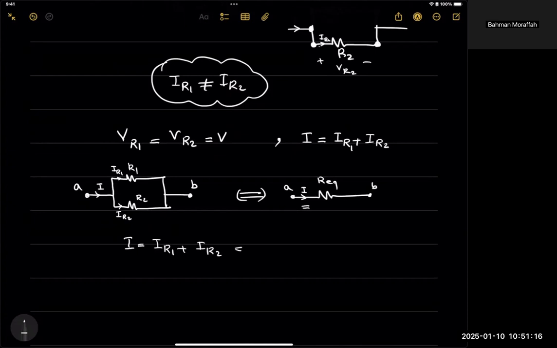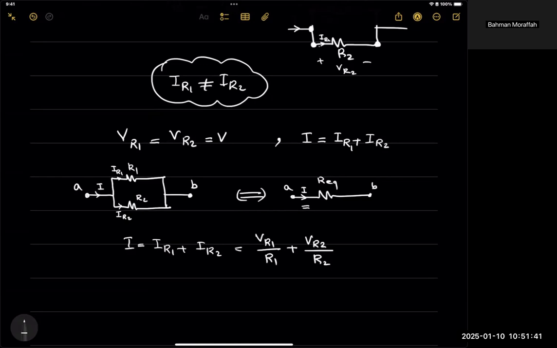But I know I of R1 is V across R1 divided by R1, and I through R2 is V across R2 divided by R2. And if I have an equivalent resistance, I know the voltage across the equivalent should be exactly the same as voltage across R1 and voltage across R2.